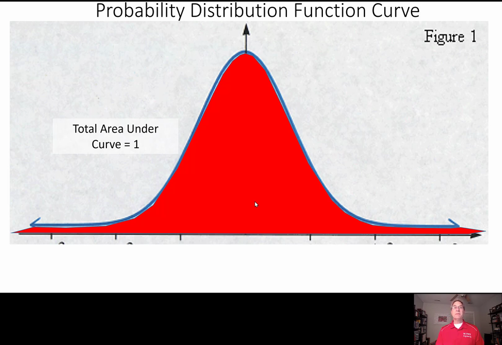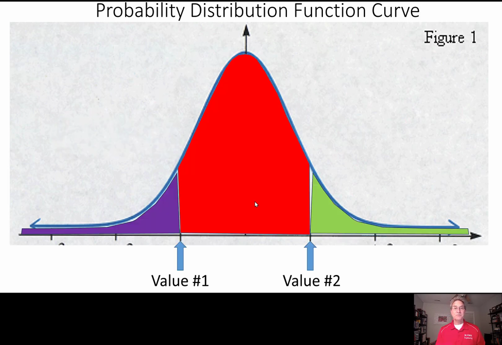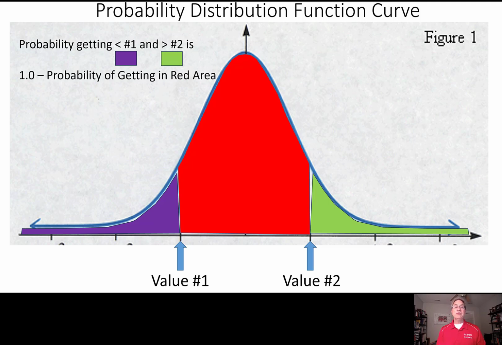What's the probability of something happening? 100%. If I'm interested in the probability of less than value number 1 and greater than value number 2, that's 1 minus the probability of getting the red area, because everything minus the red is what's left over.